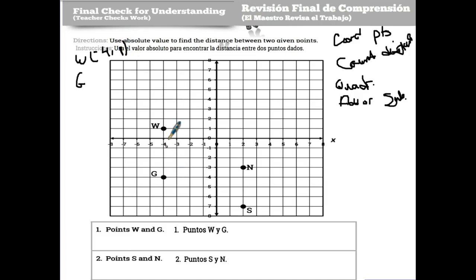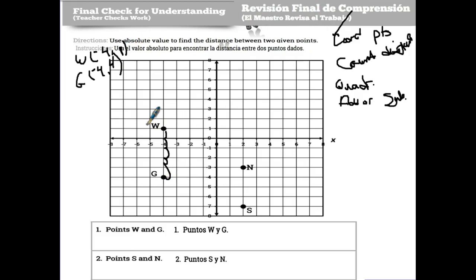For G, my X coordinate is negative 4, so X is not changing on this one. My Y coordinate is 4. So I have my coordinate points. I'm going to count the distance. 1, now I'm crossing over the x-axis, so I'm going to keep counting. 2, 3, 4, 5. So I have a distance of 5 spaces.